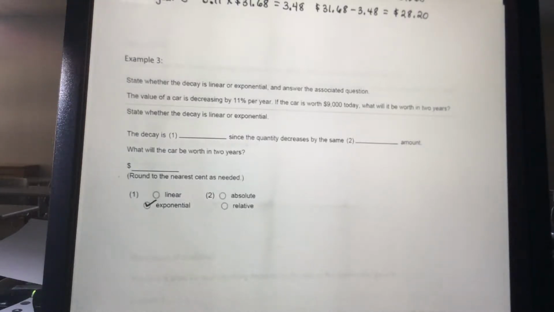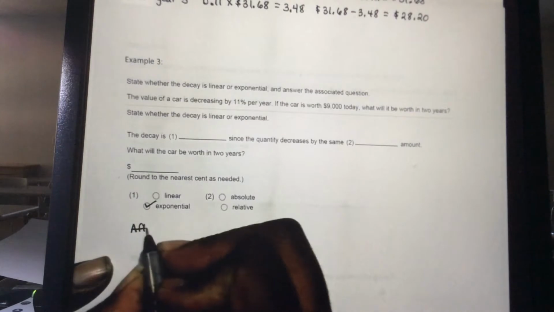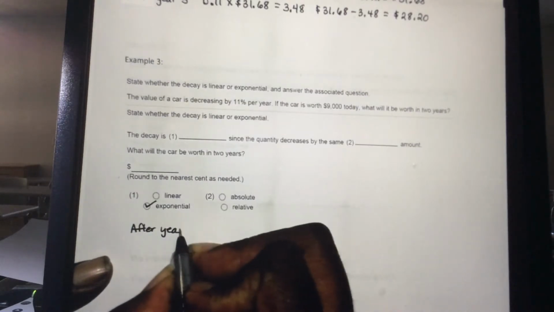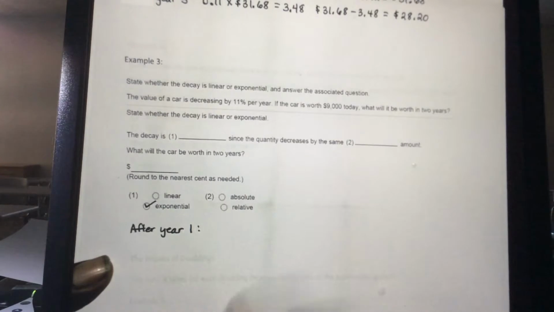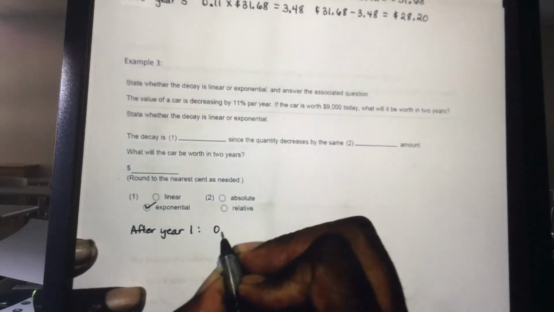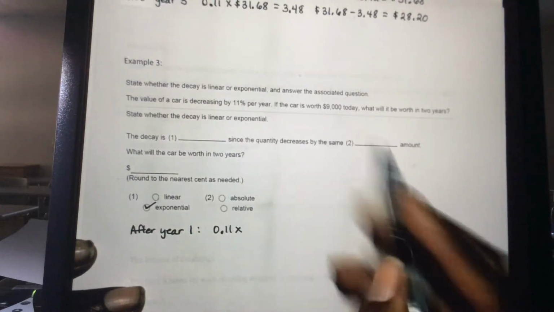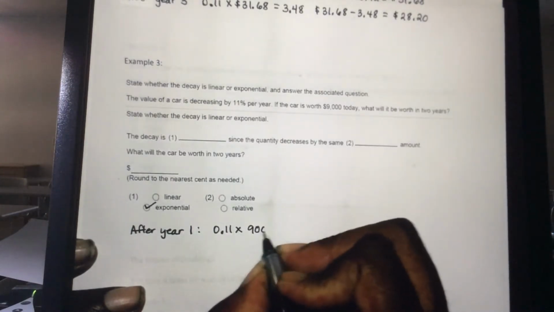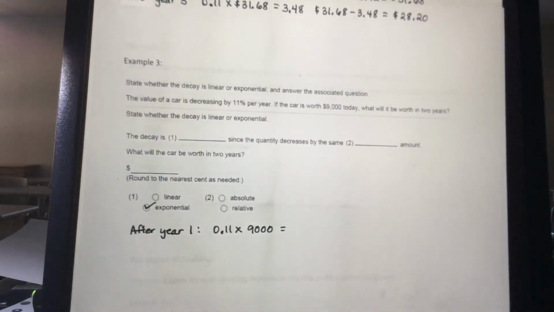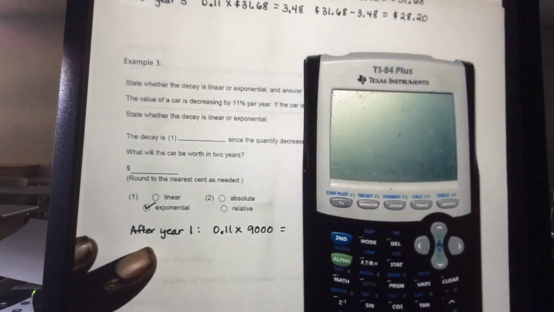And what will the car be worth in 2 years? Well, let's find out what it's worth after the first year. After year 1, we're told that it's decreasing by 11%. Now, again, 11% as a decimal will be 0.11. We're going to multiply that by the value of the car today, $9,000. I'll go ahead and bring up my calculator.